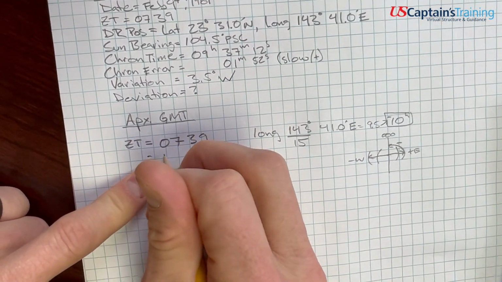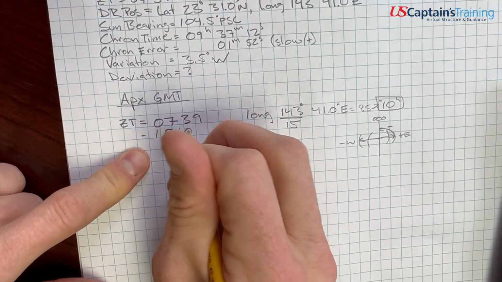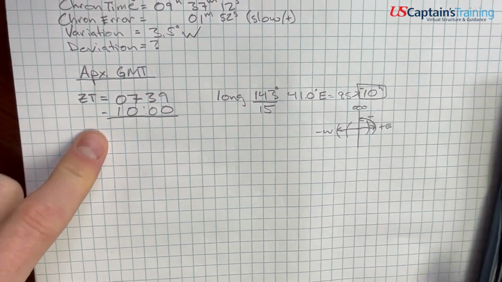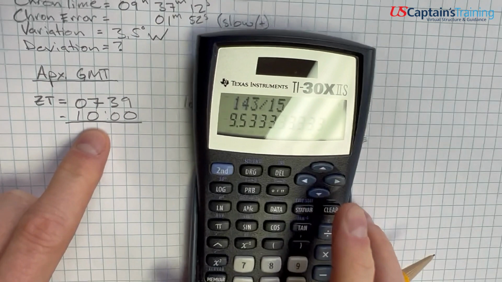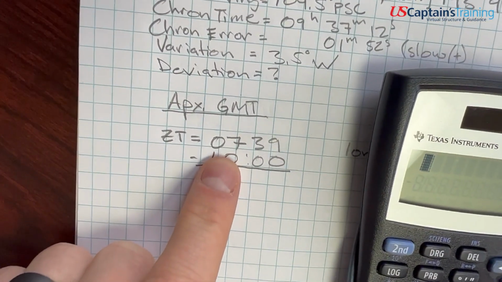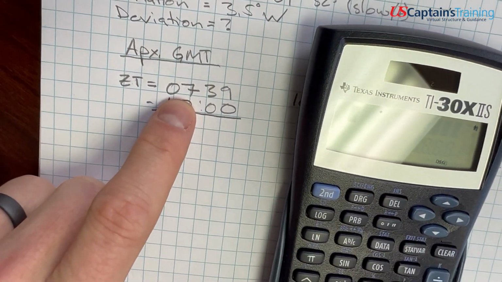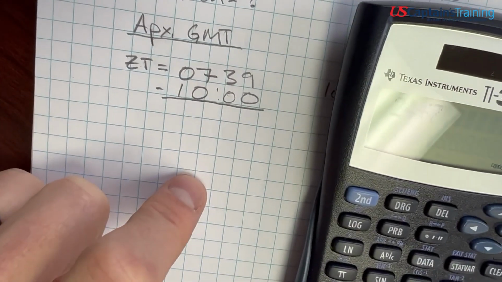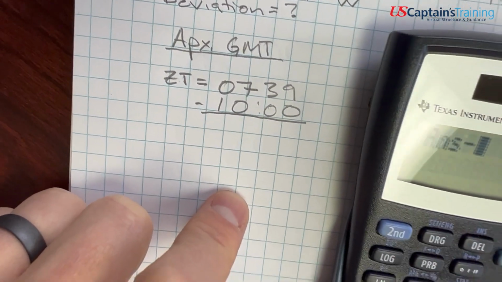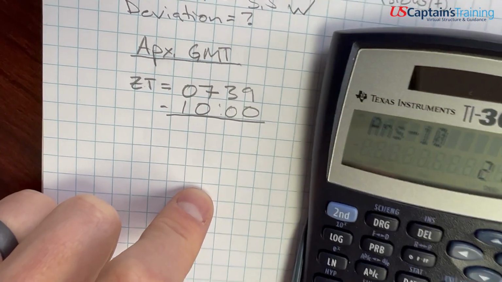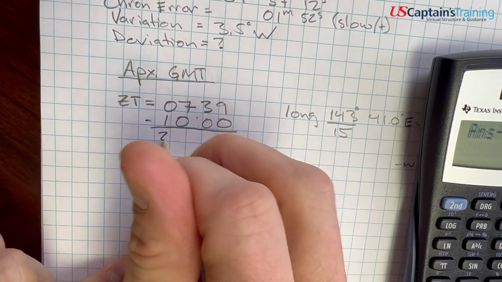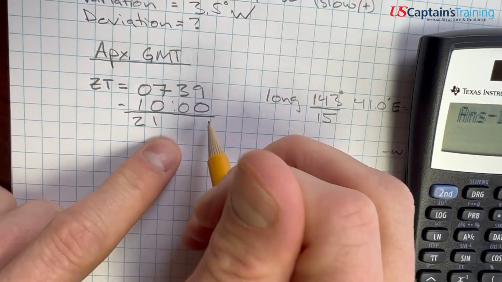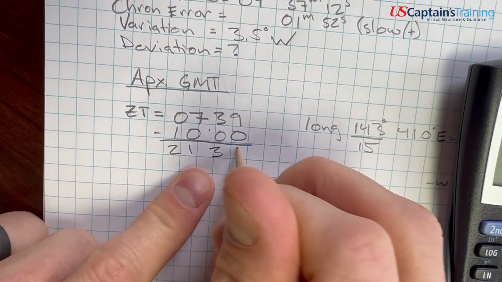Look at this. If we subtract 10 hours from our zone time, we're going into the previous day, aren't we? And to do this math, we just add 24 hours to 7. So 24 plus 7 minus 10 equals 21 hours and 39 minutes.